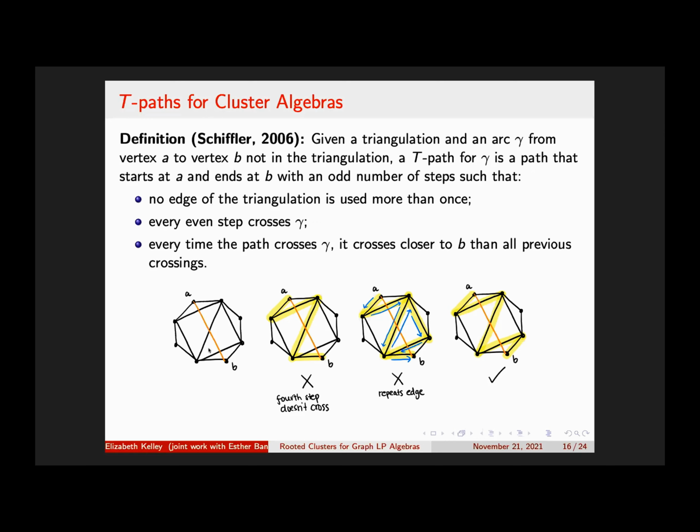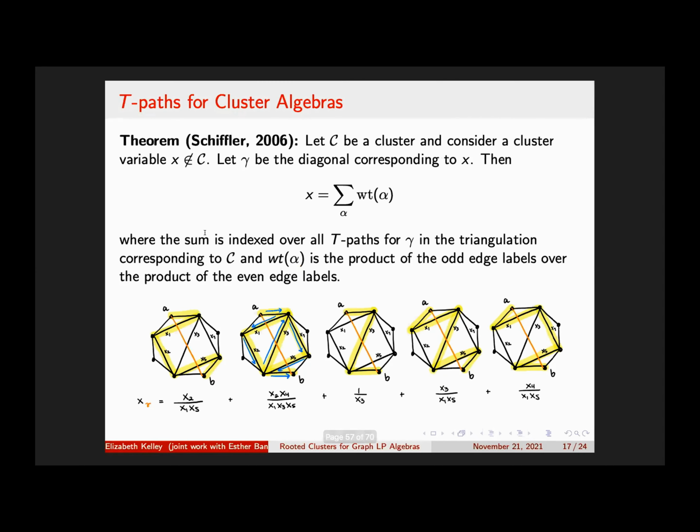You're going to draw a new arc, like this orange arc, and then something about the geometry of the way that it crosses the arcs in the existing polygon is going to tell you how to write down an expansion for your new cluster variable. And because the coefficients in this expansion are now going to count certain types of what we call T-paths, they're manifestly positive integers because I can't have a negative number of some object.